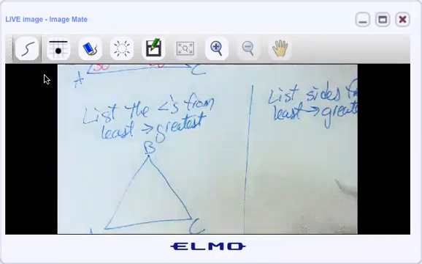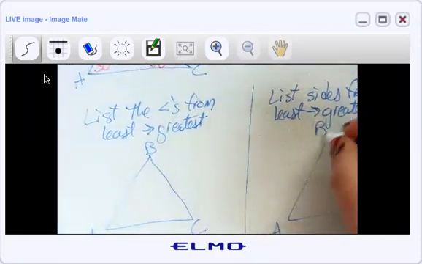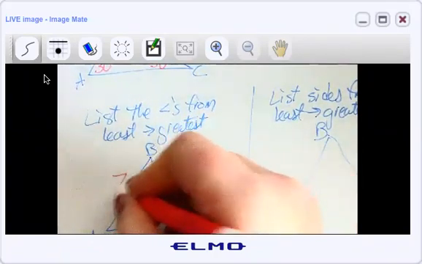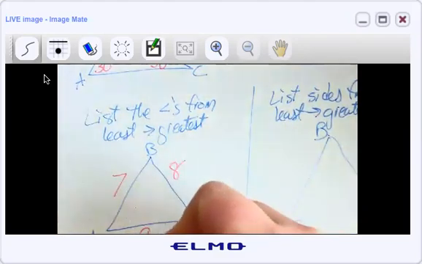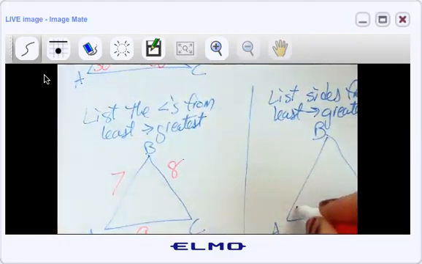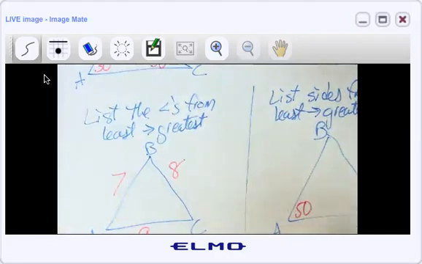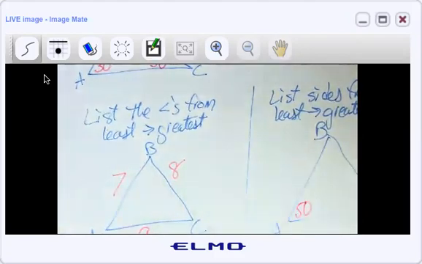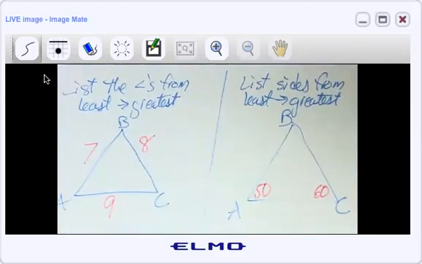Okay, so let's do this. I'll tell you this is 7, 8, 9. This is 50, 60. Okay, here are your two triangles.